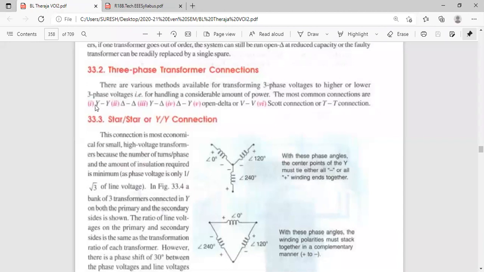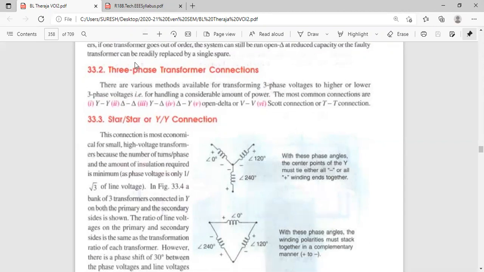In your syllabus we are having only the first 4 types. We'll discuss only the first 4 types. These 2 types electrical students will read in the coming semesters. So write down the 6 types, but I will discuss only 4 types. If you want, I will discuss the 5th type also, but the last one is complicated, that electrical students will read in the coming semesters.